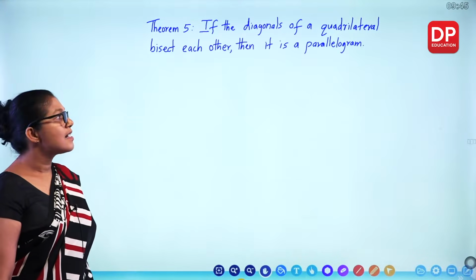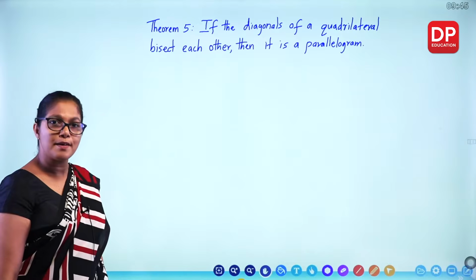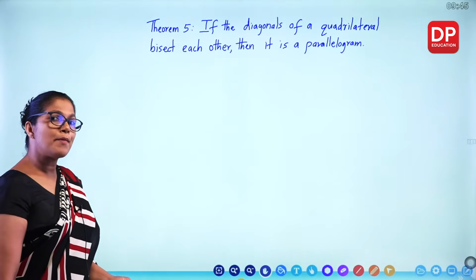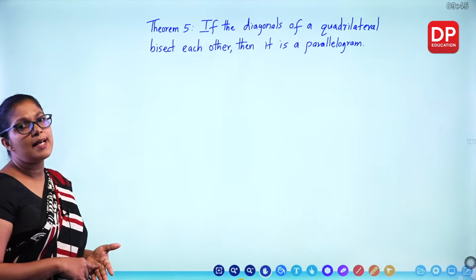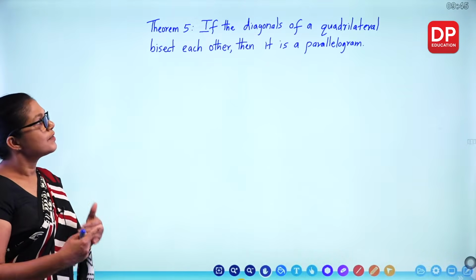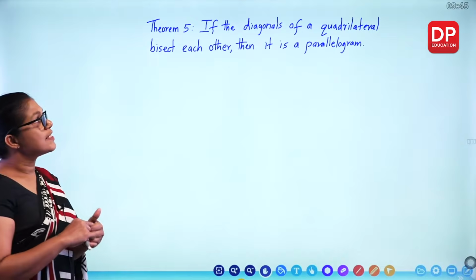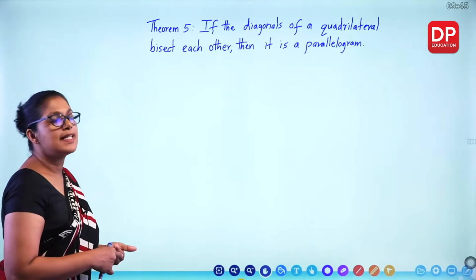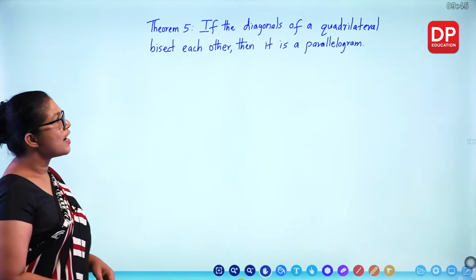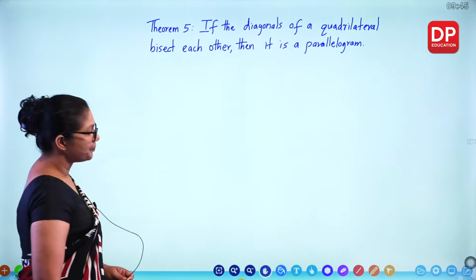That's the converse theorem of theorem number 2. Theorem number 2 says if it's a parallelogram, the diagonals bisect each other. The converse, if the diagonals of a quadrilateral bisect each other, then it is a parallelogram. We'll try to prove this also.